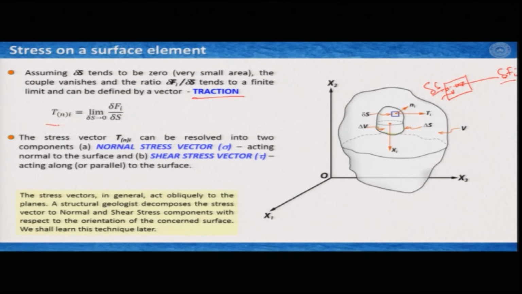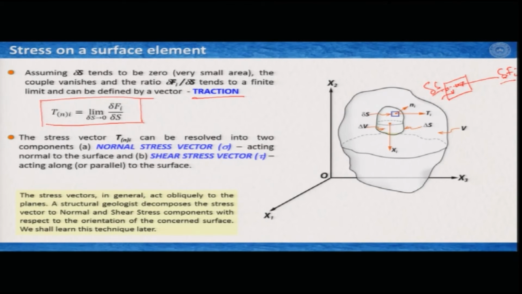So, mathematically we can define it this way, even if you do not consider these strange mathematical notations n and I. Traction is equal to the limit where del S tends to 0 of del F I divided by del S. So, this is the mathematical expression of stress on a surface area.